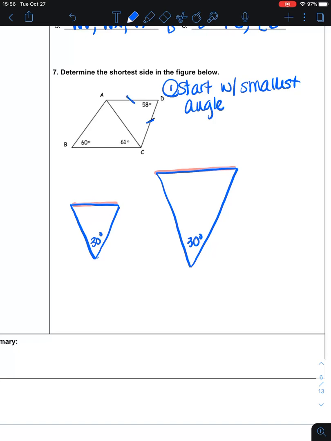These markings mean that those two sides are the same length. We know that if sides are the same length, the angles that go with them are going to be the same. So if I take 180 degrees and subtract 58, I have 122 degrees left, which means that each one of these angles is 61 degrees.